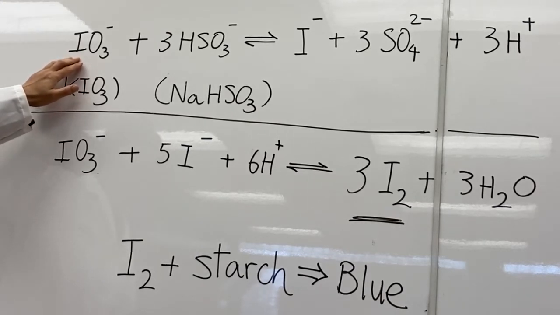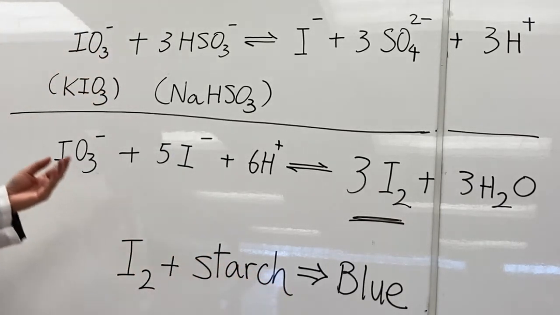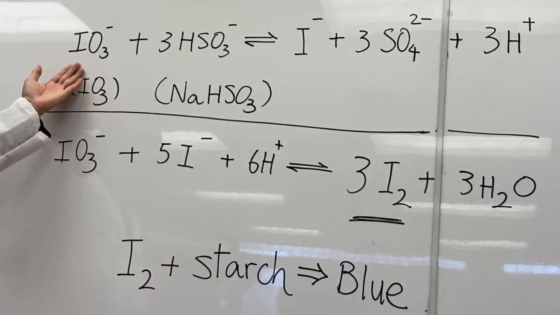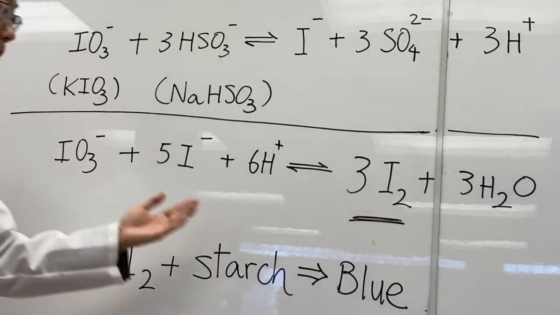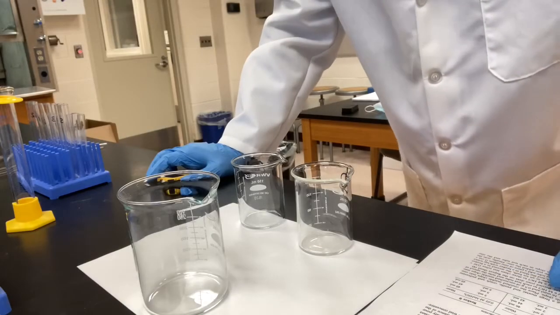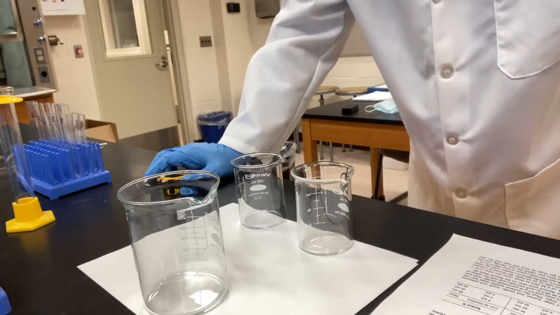We're going to alter the concentration of the iodate in the reaction to see which one the blue color will show up faster. So basically, we explore the concentration change of the iodate, how that impacts the reaction rate.